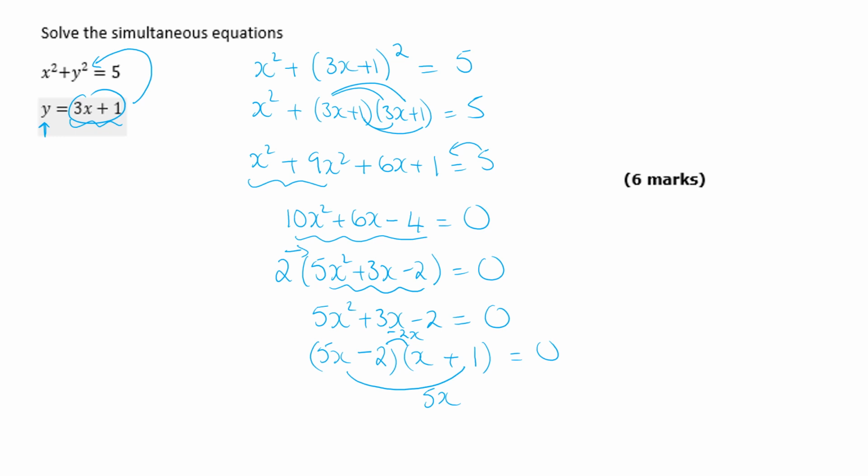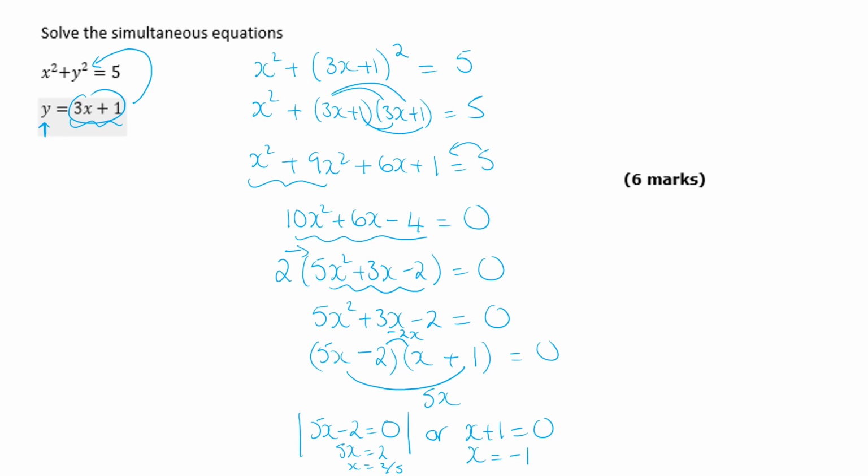And 2 brackets equal to 0 is only going to happen when 5x minus 2 equals 0 or x plus 1 equals 0. And just solve both sides. 5x will equal 2. X is equal to 2 over 5 or 0.4. And on this one, x is equal to minus 1.